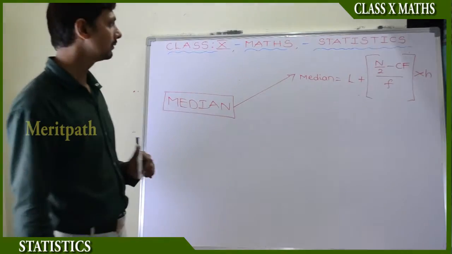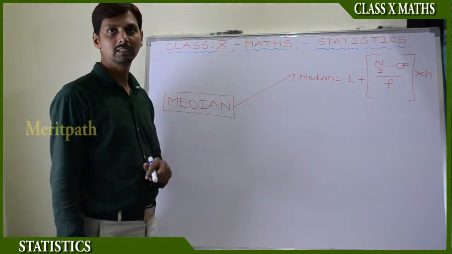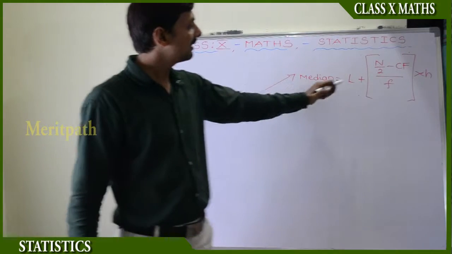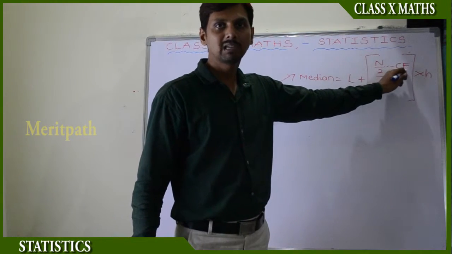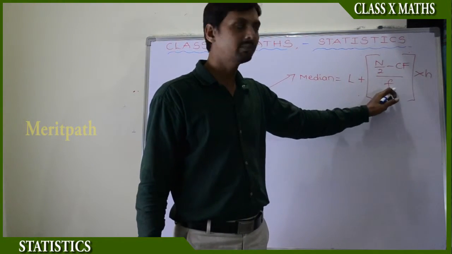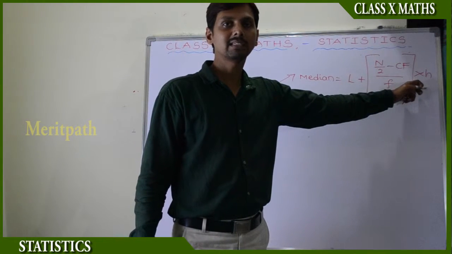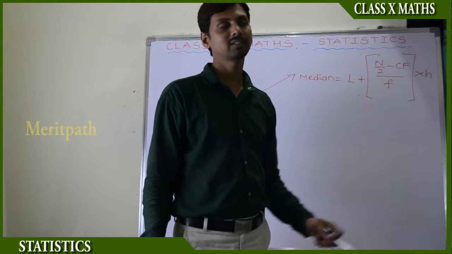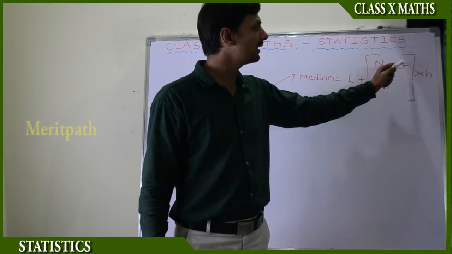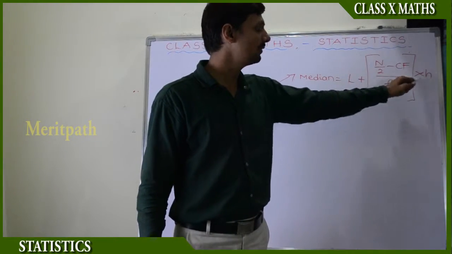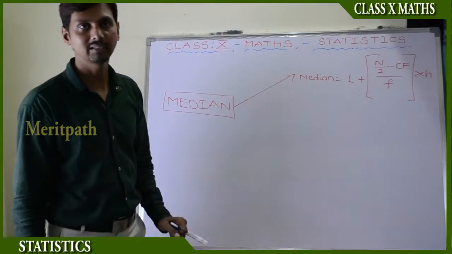Let's recall again the median of the data: L plus n by 2 minus capital F or cf, divided by small f, into c, or in place of c we can take h. So L plus n by 2 minus capital CF by small f into small h.